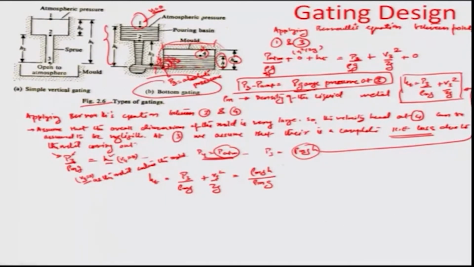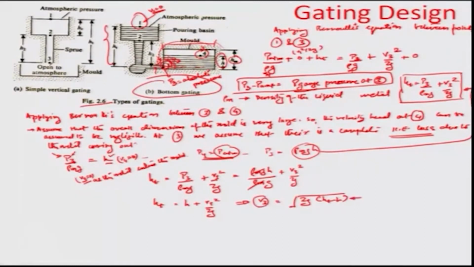So, rho m g plus V 3 square by 2 g. So, these guys get eliminated completely, and we are left with a situation where we have h t equal to h plus V 3 square by 2 g, or in other words V 3 becomes equal to root of twice g times h t minus h.